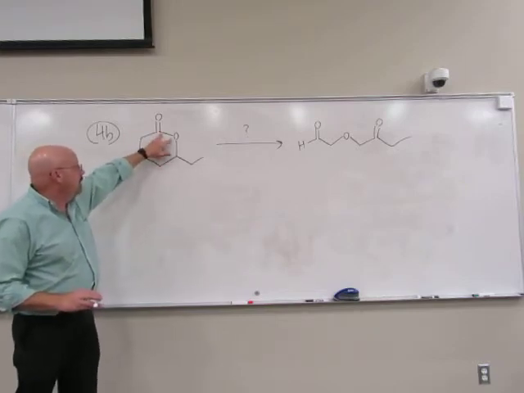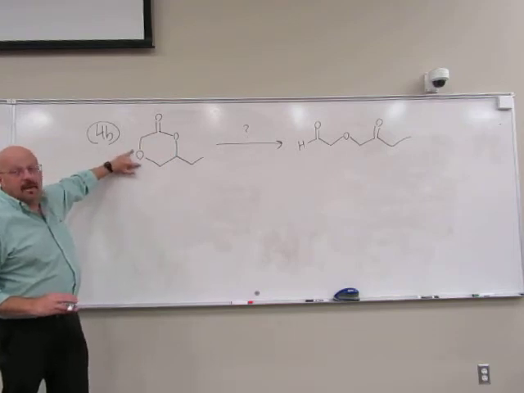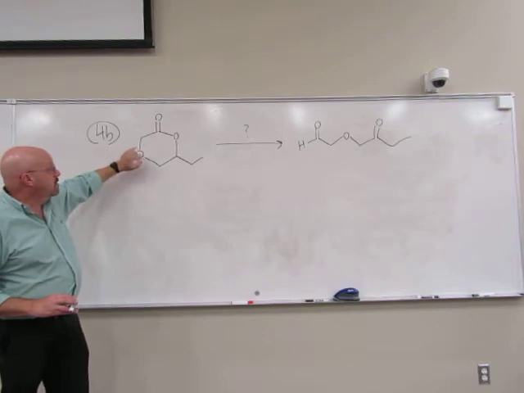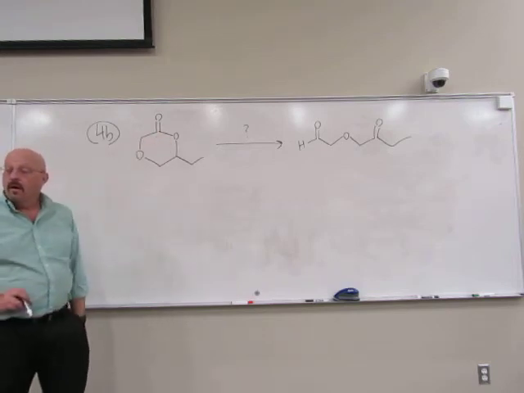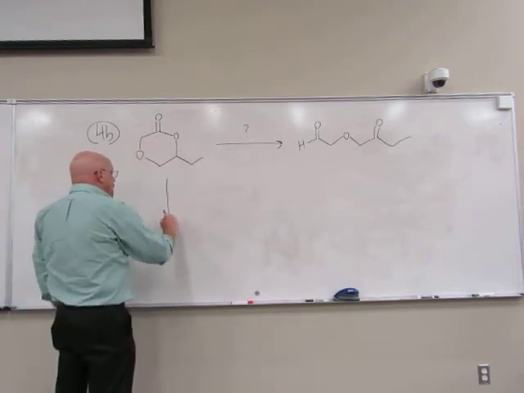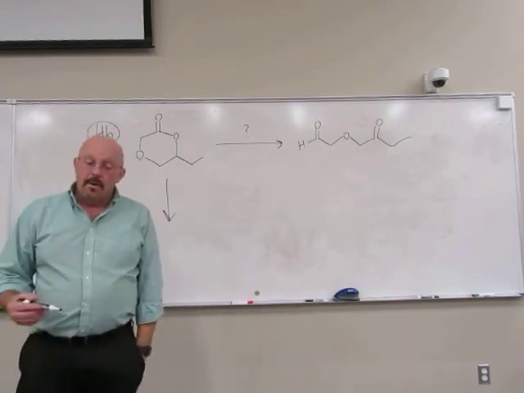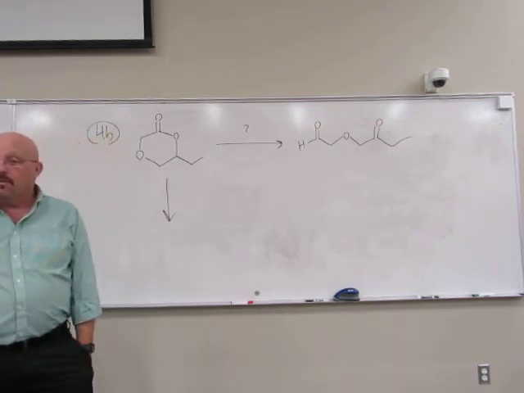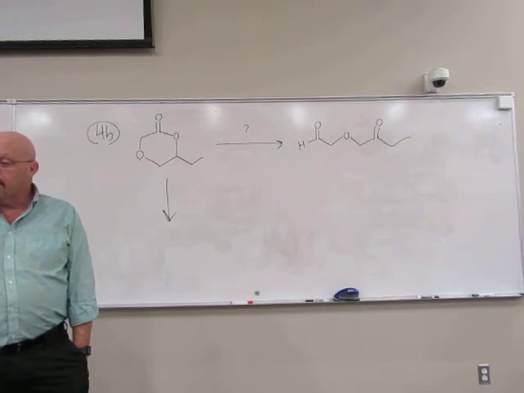We have the ester that we can reduce. We have an ether. We haven't done anything with ethers in either of these chapters. So it had to be a reduction of that ester. Now, how did you reduce an ester? We had 2 reducing reagents: sodium borohydride and lithium aluminum hydride. Well, I guess we had 3.